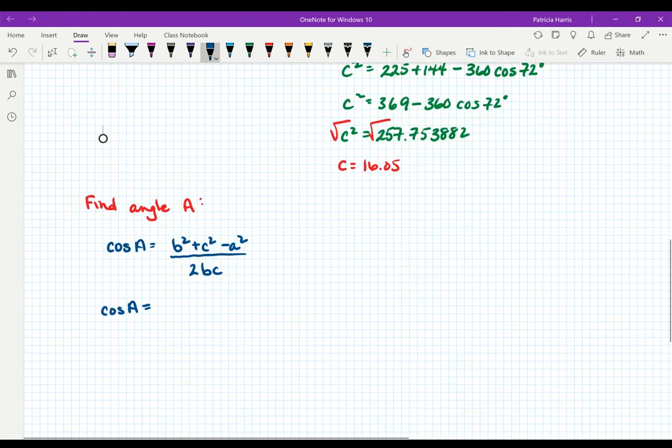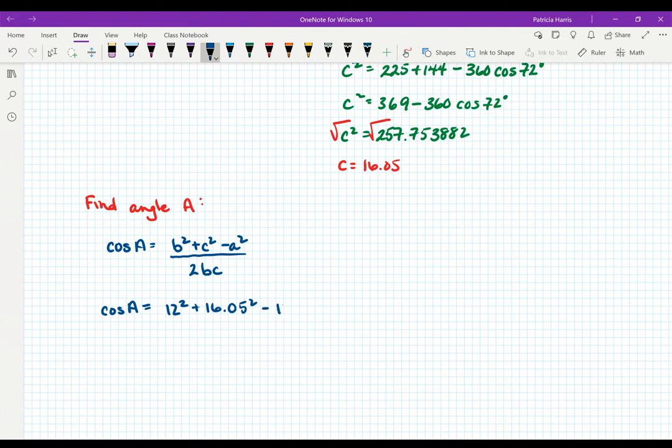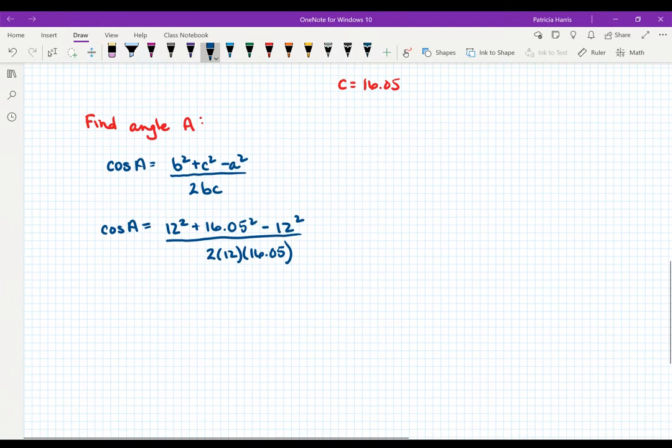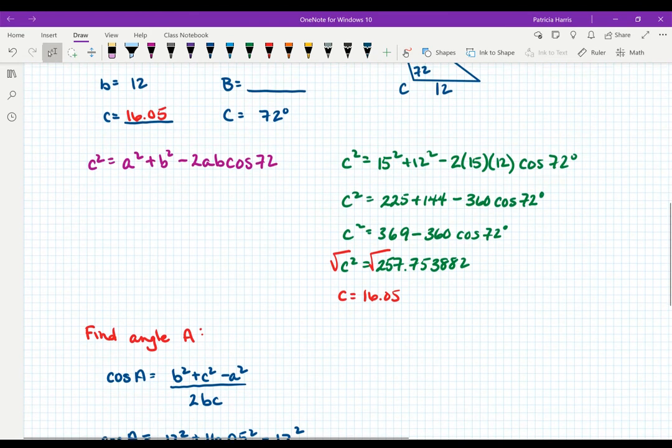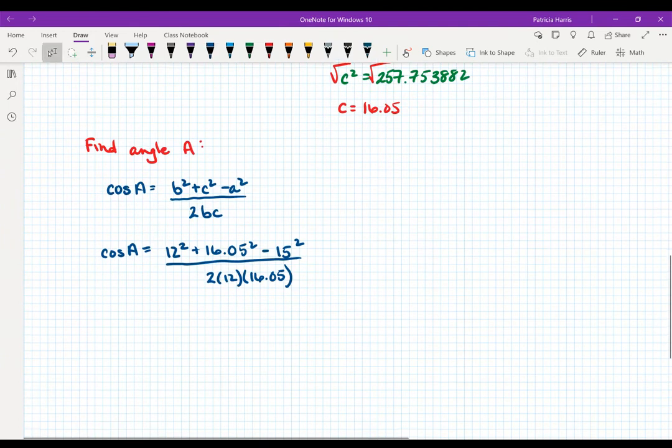Okay, so 12 and 16.05, and then 12. Okay, so again, oops, confused my A and my B, I think. Oh, A is 15. There we go. All right, so I'm going to do some arithmetic work first.